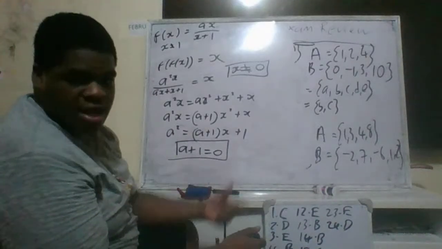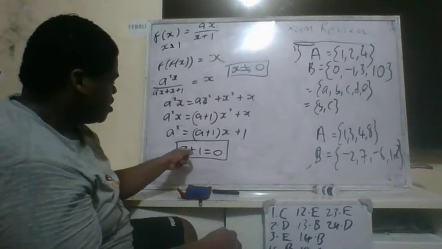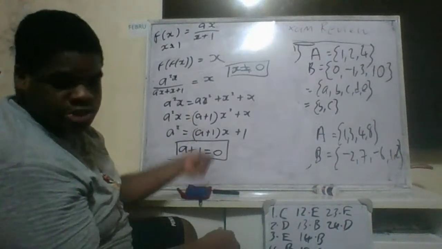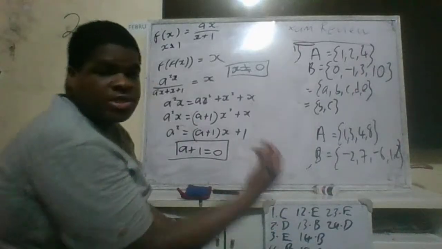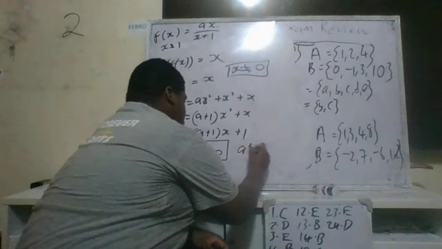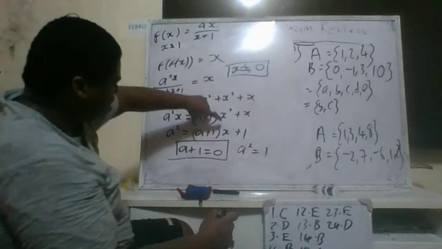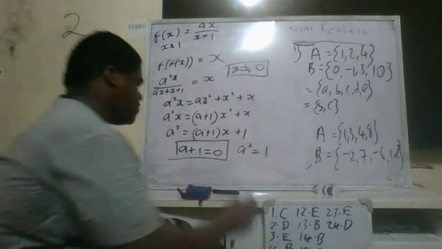But I'm just going to go further, because what if you got a plus 1 is equal to 0? Then you need to go for the second simultaneous equation, the second system of equations that you get. And that one is a squared is equal to 1.